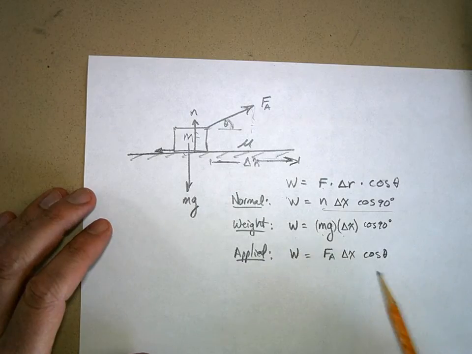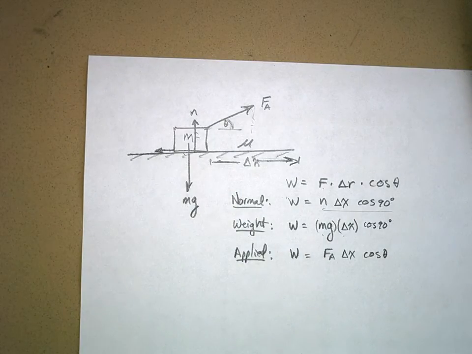What this means is that the applied force is trying to transfer energy into the block. It's trying to make it go faster and faster, giving it kinetic energy, giving it the capacity to smash into things and wreak havoc on the world, right? So it's adding energy to my system. My system is this crate.